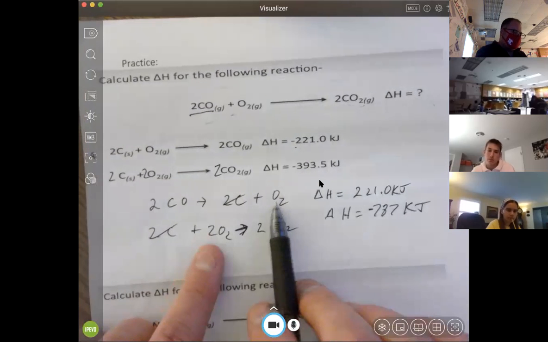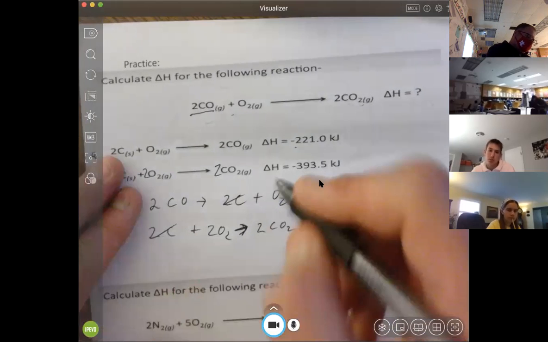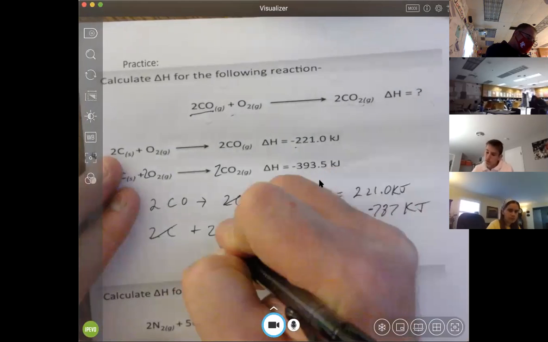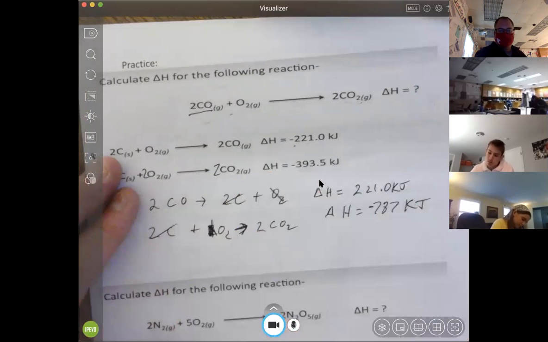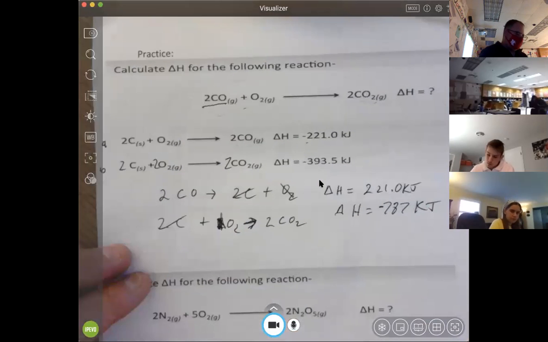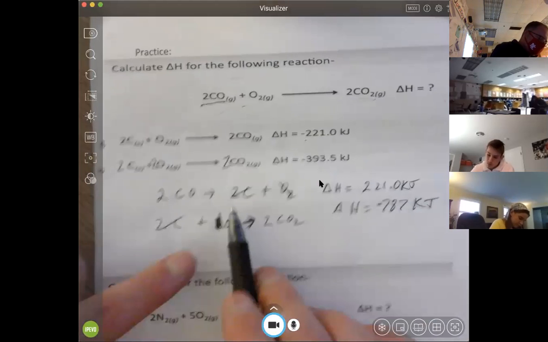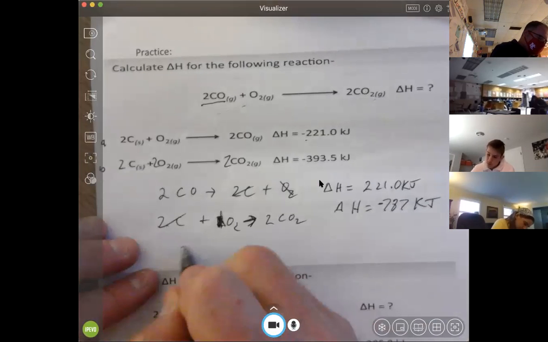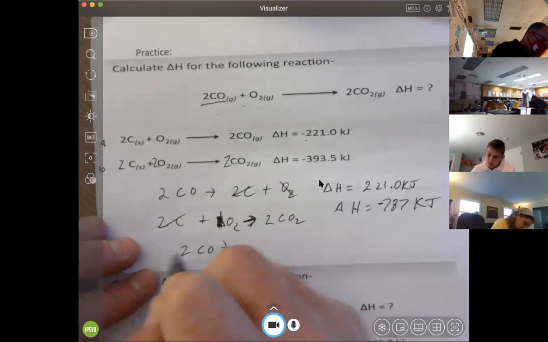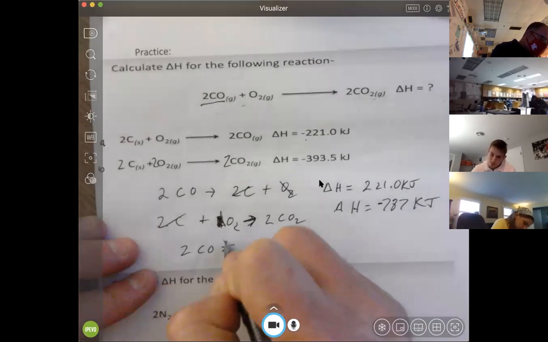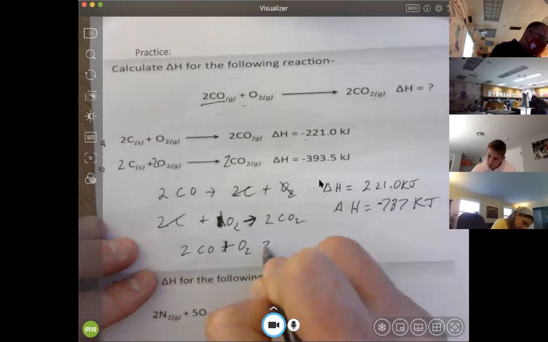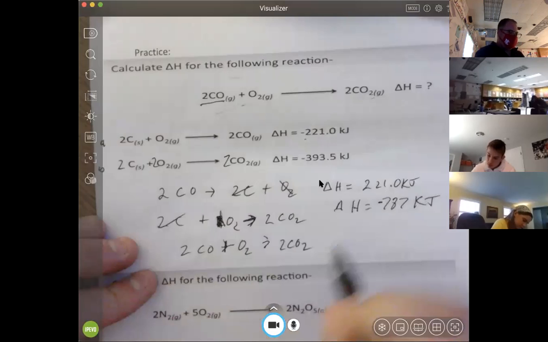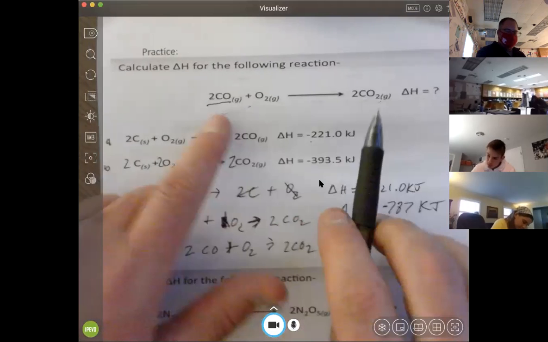We only have 1 on the top one, and we have 2 on the bottom one. We can only cancel out 1. Well, look what's left. We add these two reactions together: 2CO plus O2 yields 2CO2, which is a match of our reaction up here.